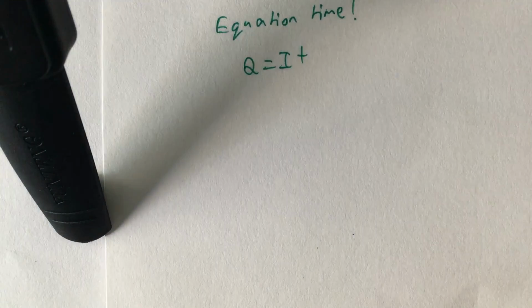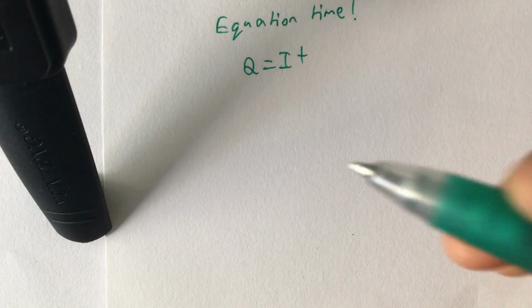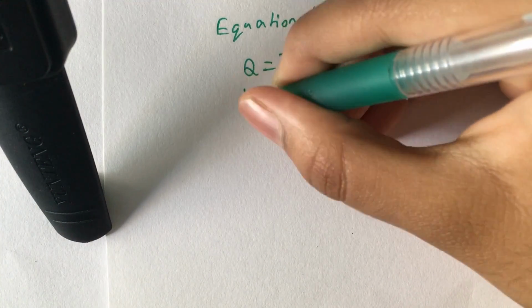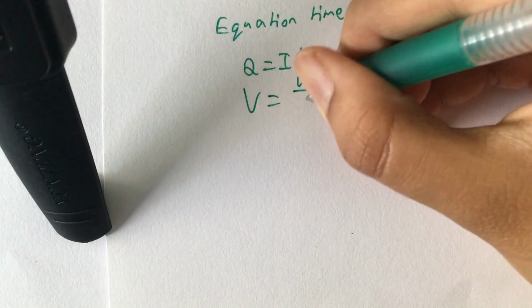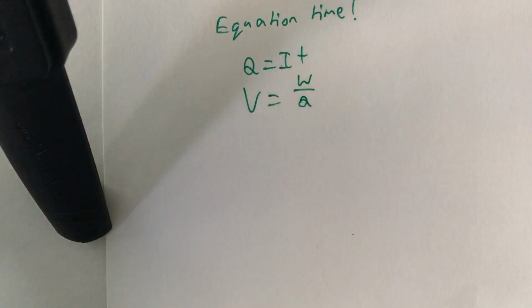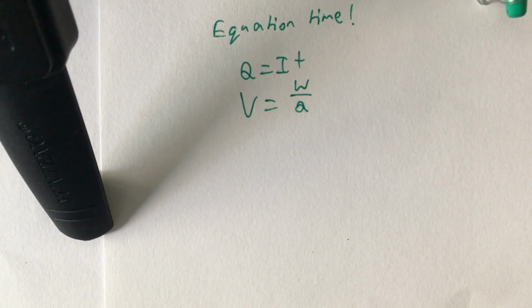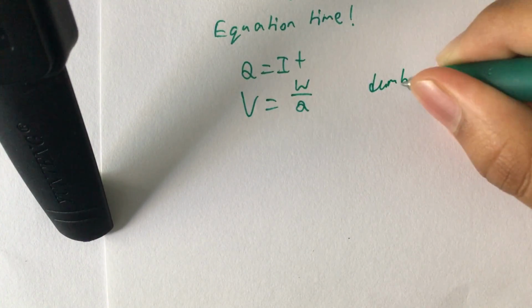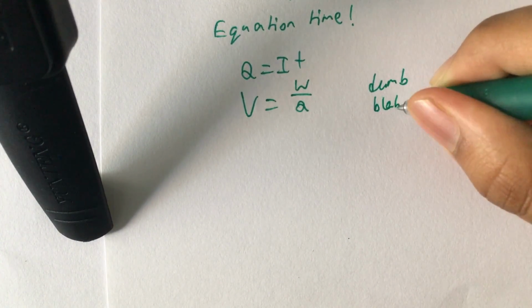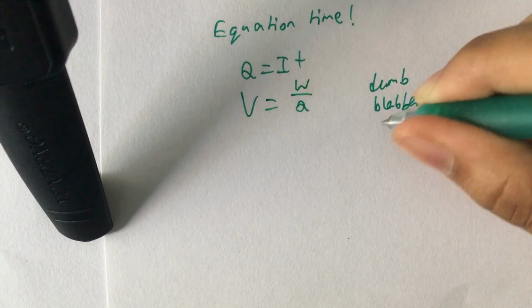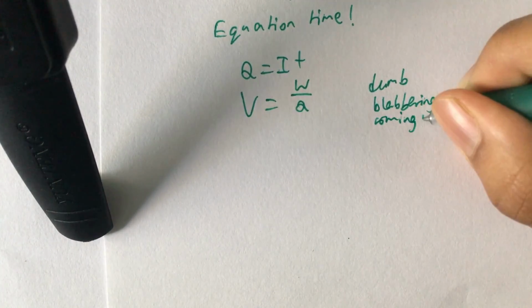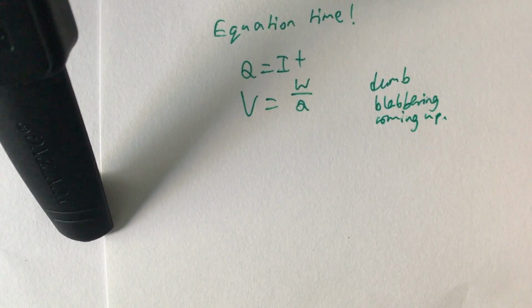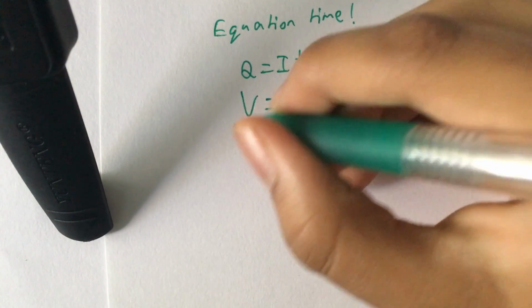And then the next one is V equals to W over Q, potential equals to the work done over the charge. The reason for this is, if you think about it, potential is related to potential energy, right?